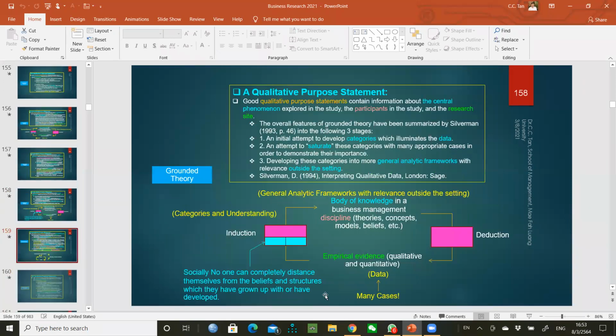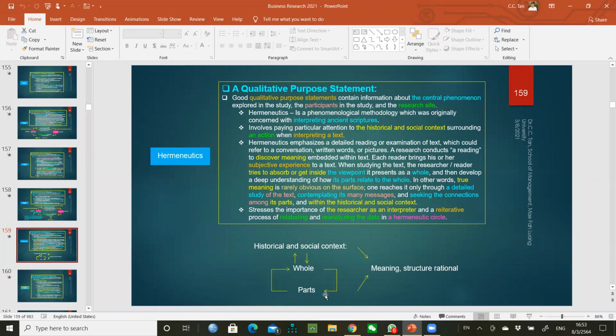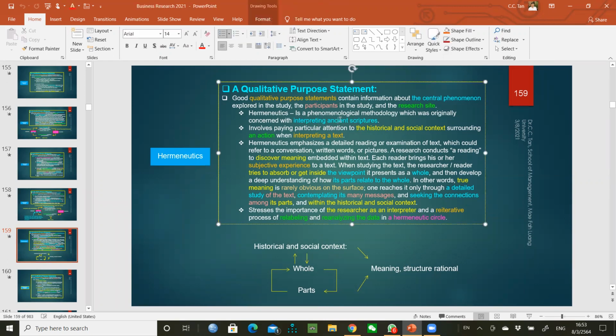There are a lot of examples depending on your research methodologies and research paradigm. There are different approaches. Take hermeneutics as an example. It was originally concerned with interpreting ancient scriptures, but in order to understand an ancient script, you cannot look at only one sentence.